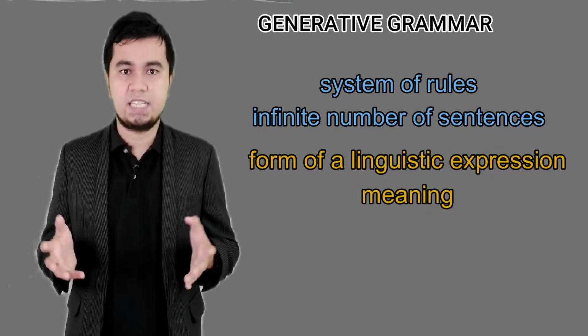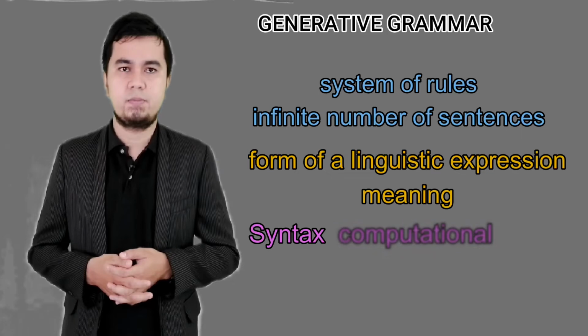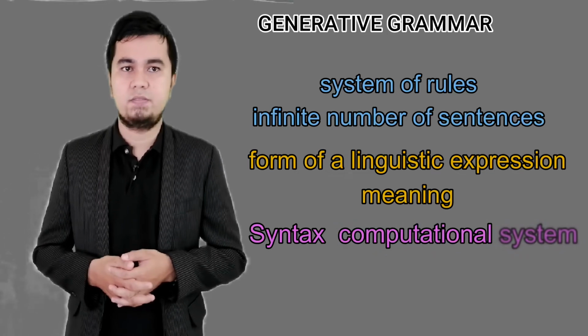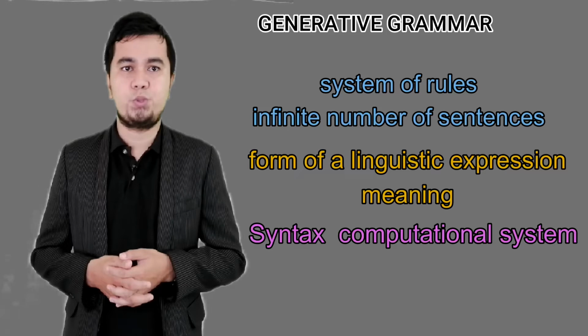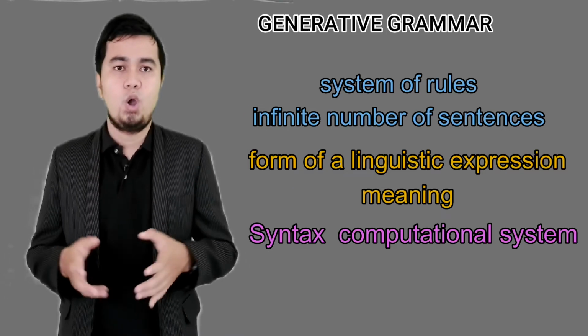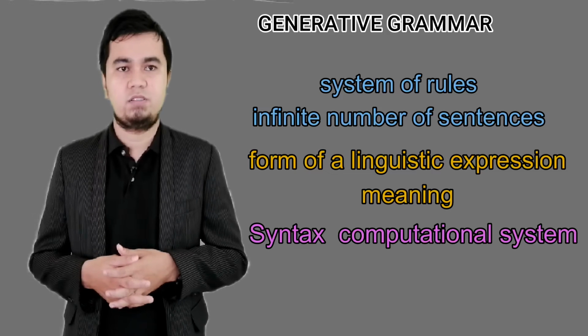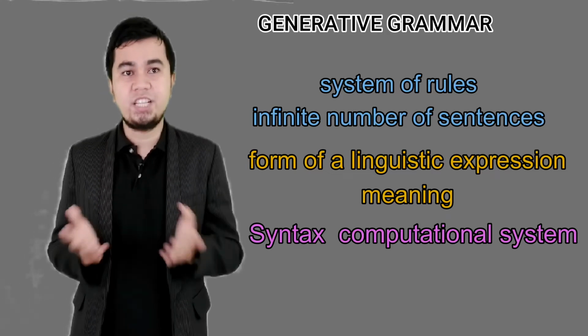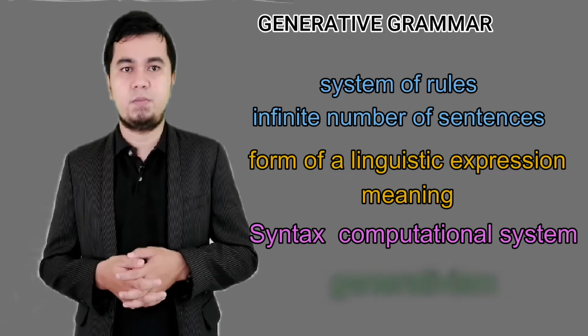So, for example, in the syntax, the central module is independent of the semantics and the pragmatics. It is viewed as a computational system where structure is the result of rules, not of communication function. So generative grammar embraces the notion of the generativism approach.